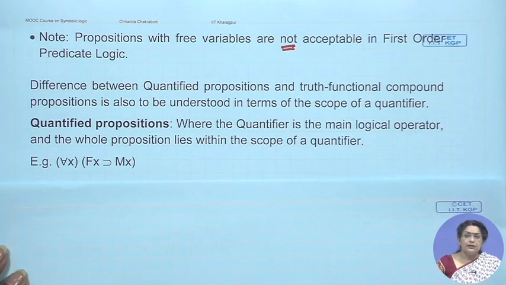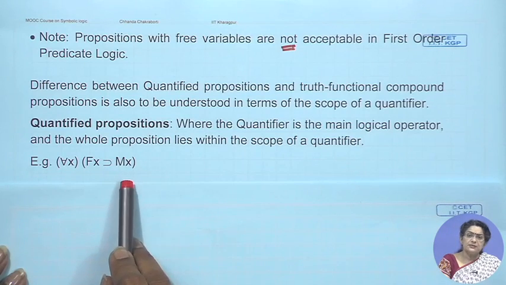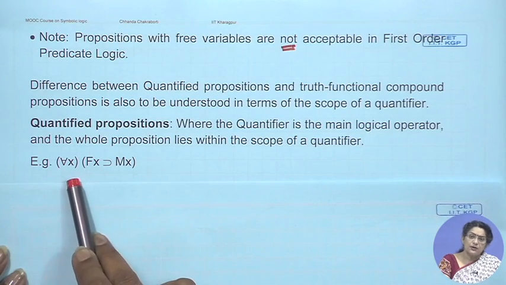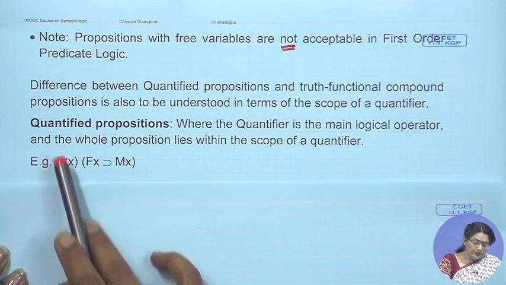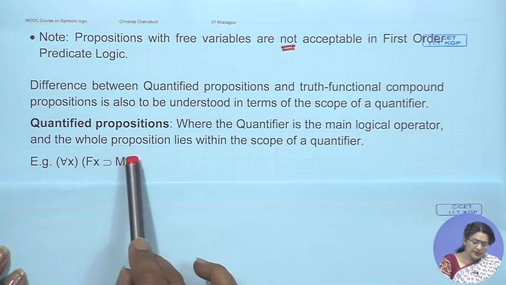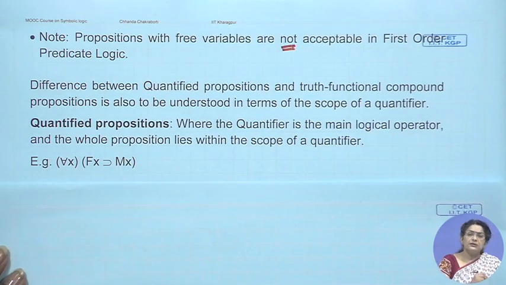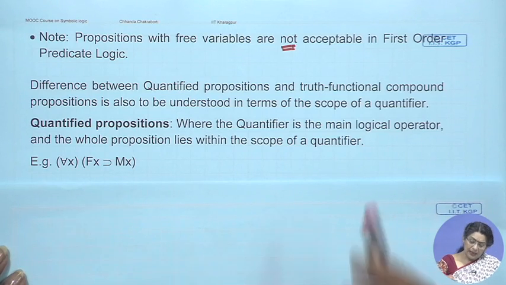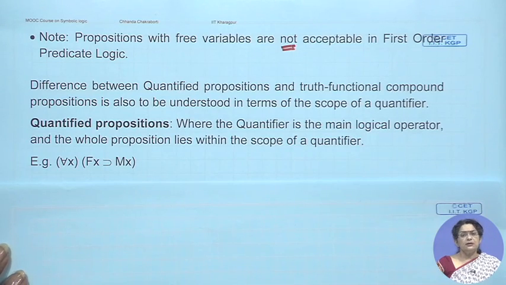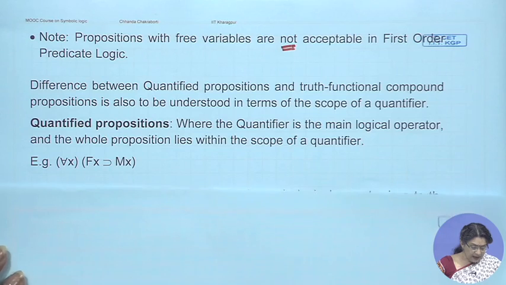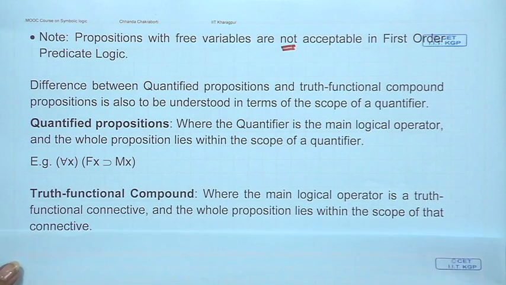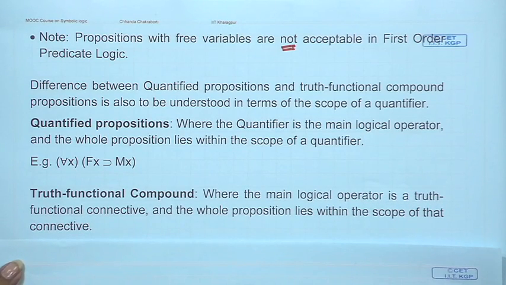For example, take a look at this one. Every occurrence of this is bound by this quantifier, and this is what we mean by saying that the entire sentence is within the scope of this quantifier. This is a legitimate quantified statement. Whereas, the truth functional compounds are those where the main logical operator is a truth functional connective.